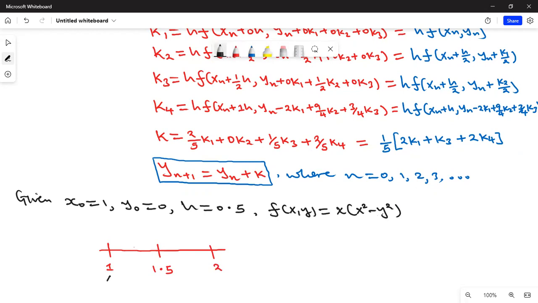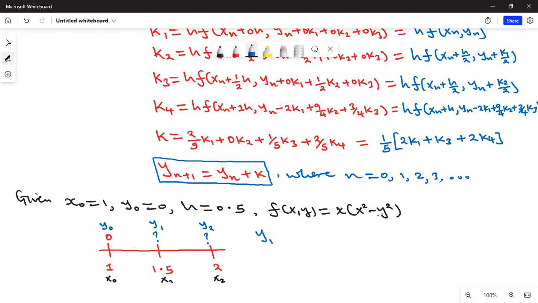So this is x naught, x1, x2. What is the corresponding value of y? Y naught is 0. I don't know y1, neither do I know y2. So here we have y naught. I don't know the value here, that is y1. Neither do I know the value here, that is y2.